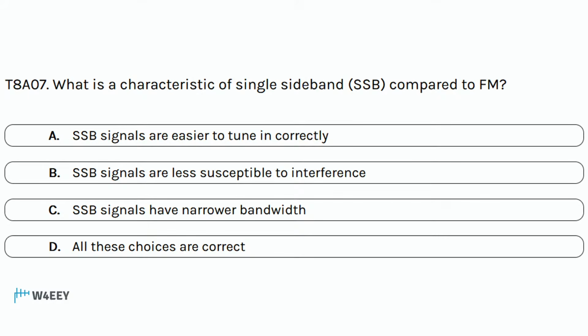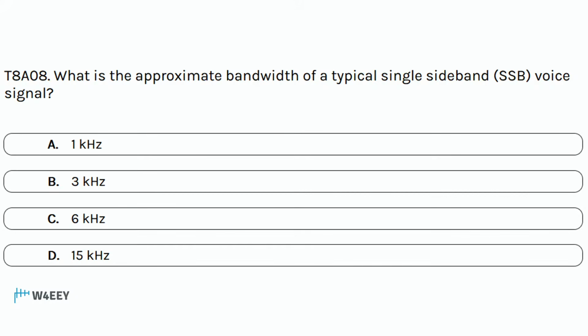And what is a characteristic of single sideband compared to FM? Charlie. Yes, single sideband signals have a 3 kilohertz bandwidth. FM has 10 to 15 kilohertz bandwidth. So what is the approximate bandwidth of a typical single sideband voice signal?